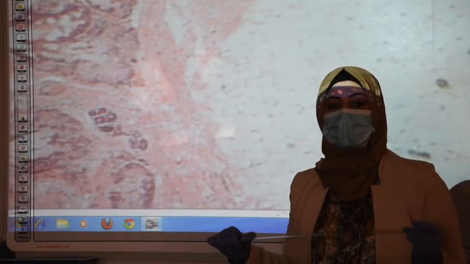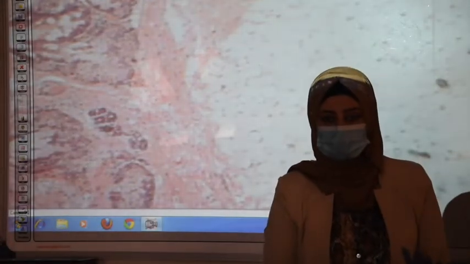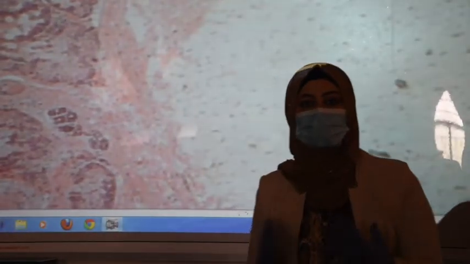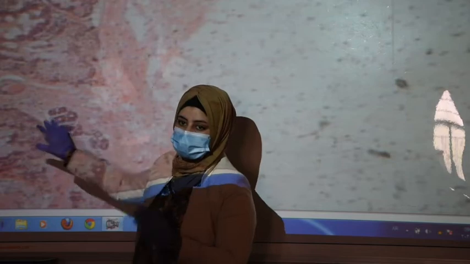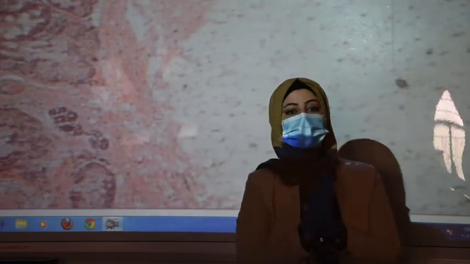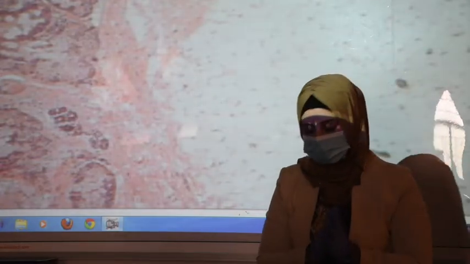The importance of these myoepithelial cells is that when they contract, they push the contents of the secretory portion to the ductal portion, and this continues from the secretory to the ductal portion until it reaches the skin surface.